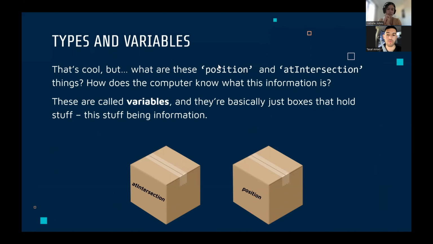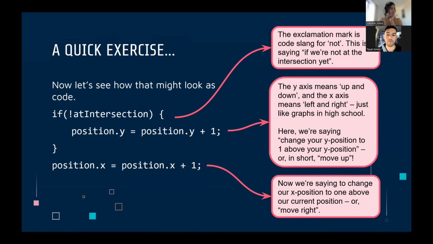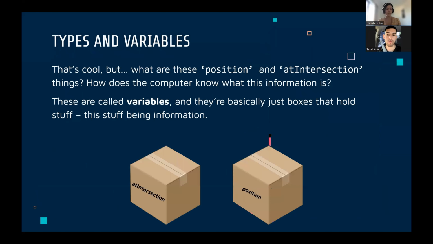And variables are just a box that holds some kind of a value. So basically at intersection is going to hold a true or a false. It's going to be true if our robot's at an intersection and false if it's not at an intersection yet. So that's that at intersection box here.